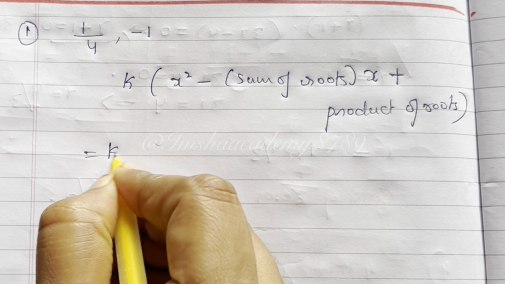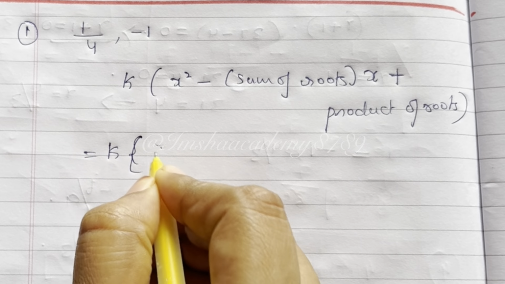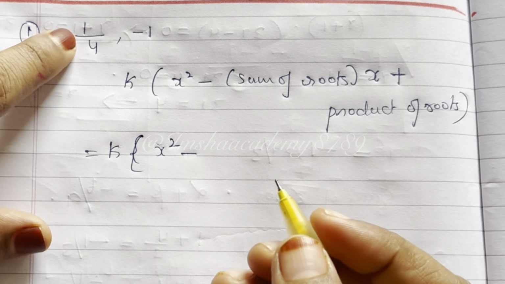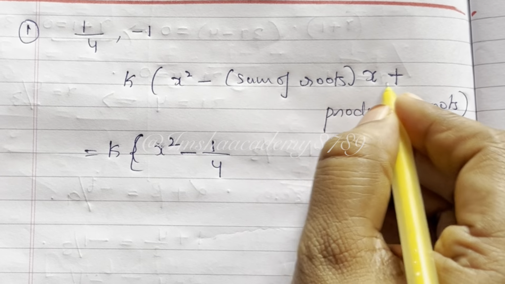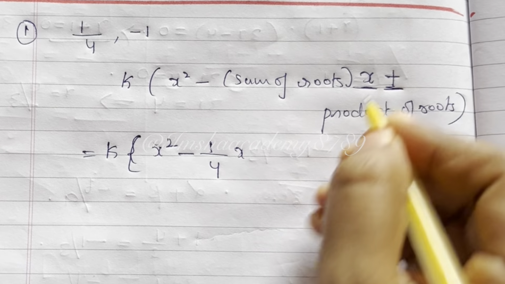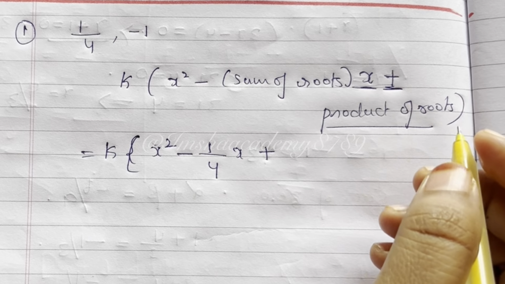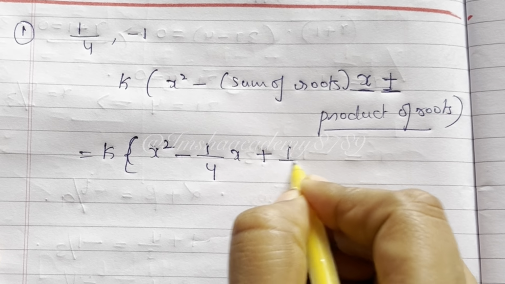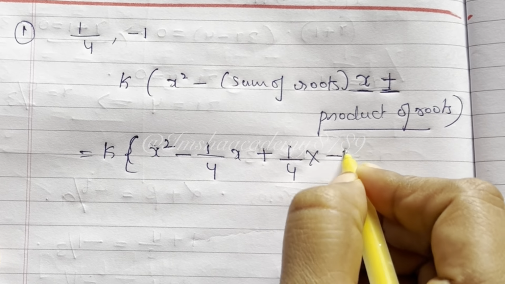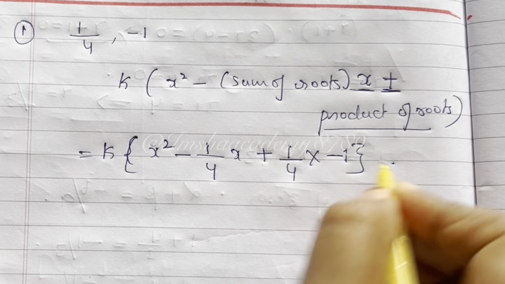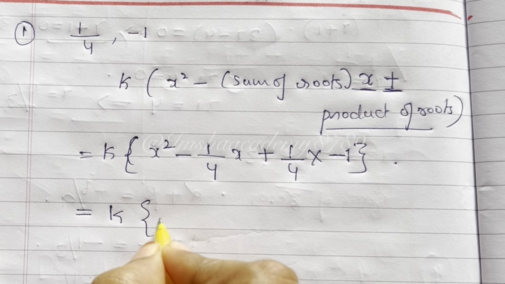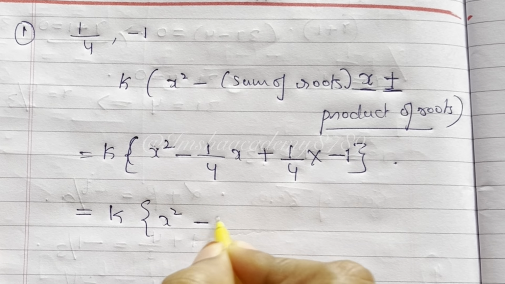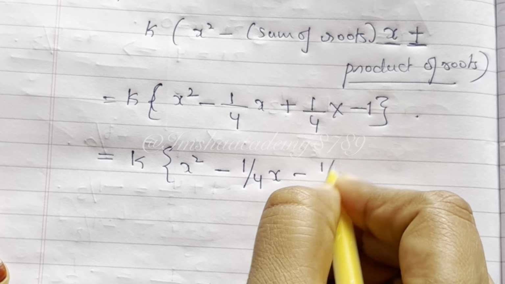So it will be k into x square minus sum of roots, which is 1 by 4, x, plus product of roots. Product of roots is minus 1. So k into x square minus 1 by 4 x minus 1.